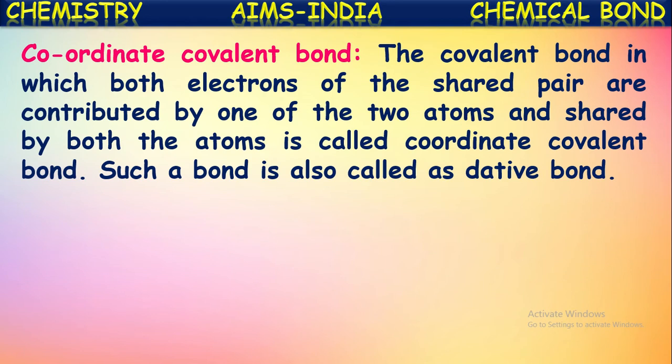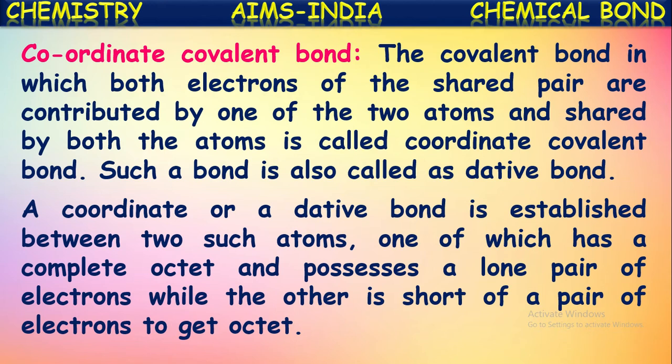Coordinate covalent bond. The covalent bond in which both electrons of the shared pair are contributed by one of the two atoms and shared by both the atoms is called coordinate covalent bond. This coordinate covalent bond is also called a dative bond.